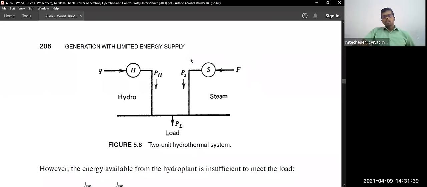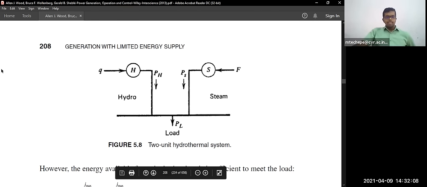Again, imagine if you are not using steam and are relying on hydro alone for generating. Hydro alone does not have that much installed capacity. First of all, you can't generate 13,000 megawatt only with hydro. The installed capacity is very low. Also, the level of the dam, the water content, is one of the constraints, which you have to take into account.